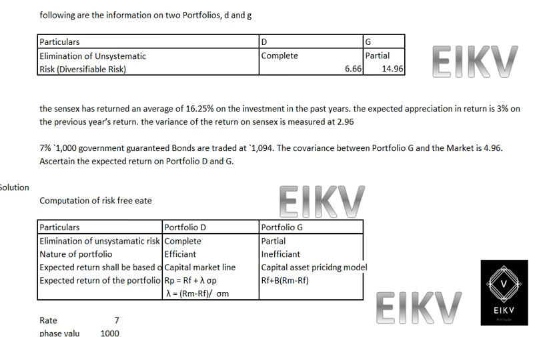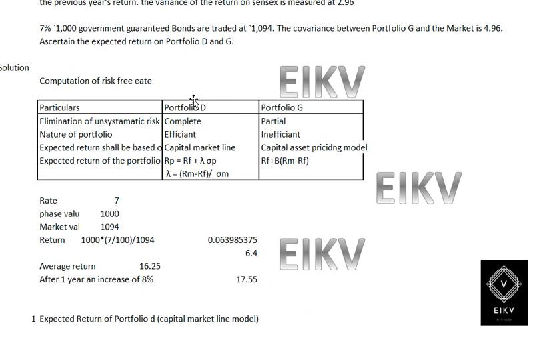So going ahead with the solution, I have made a table for the computation of the risk-free return. First we need to compute the risk-free return. So first of all we are taking the details from the above illustration, which are particulars, portfolio D and portfolio G. The elimination of unsystematic risk would be complete for portfolio D and partial for portfolio G. Nature of portfolio, efficient and inefficient.